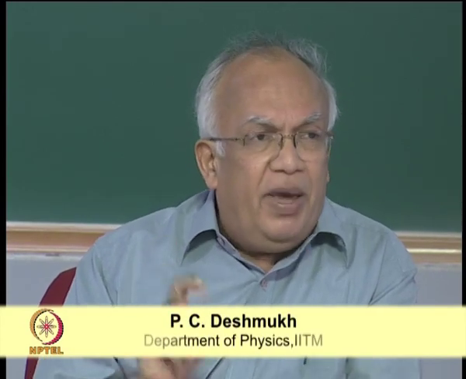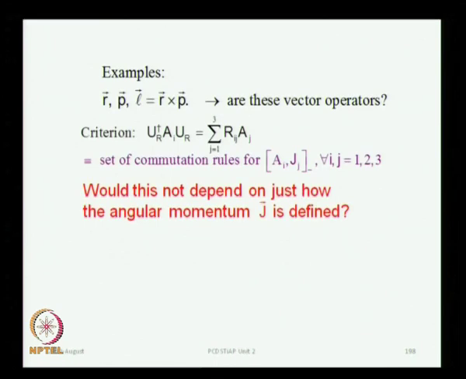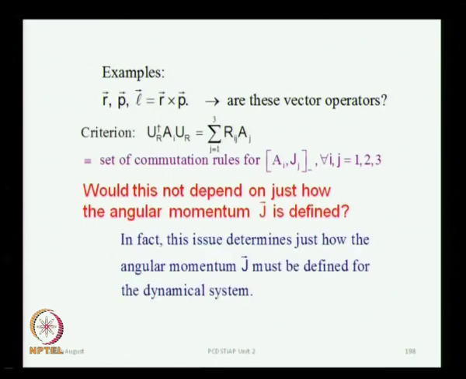and in a few minutes you will see an example where it will become quite obvious to you what is meant by defining the angular momentum appropriately. But at this point you recognize that it definitely has to be defined appropriately because it is appearing explicitly in the commutation relations.